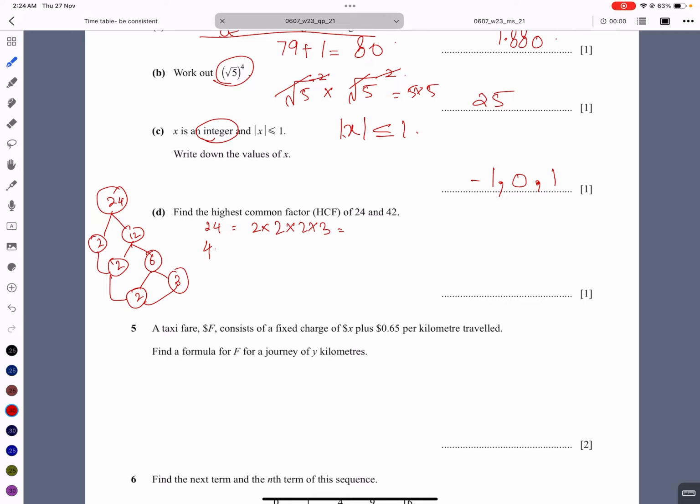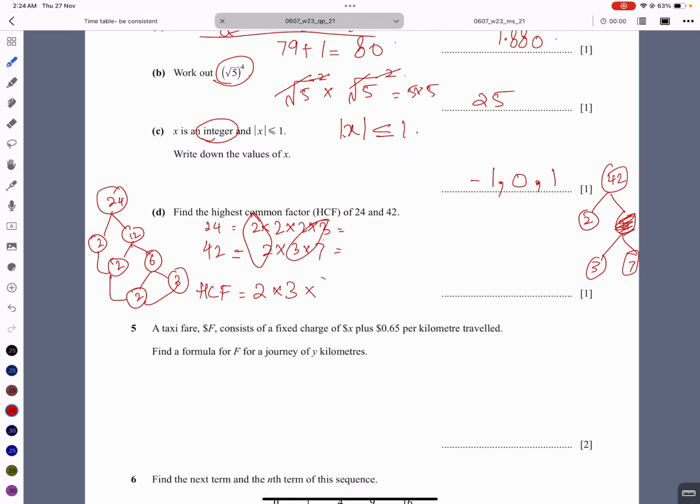And then for 42, you will again make the factors. 42, 2 into 21, 3 into 7. What are the prime factors? 2 times 3 times 7. In HCF you will only take the numbers that are common. So 2 is common, one time you write 2. 3 is common, one time you write 3.